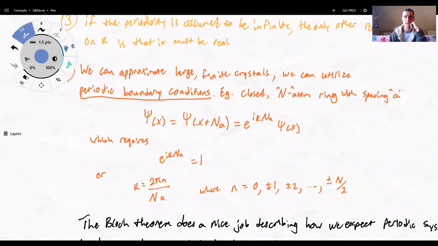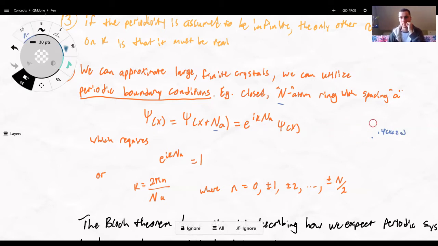So we have our wave function at x is going to be equal to the wave function at x plus some number n. Remember, we have an n atom ring, times a. So what this is saying is that if we have this here, this is going to be psi of x, and this is going to be psi of x plus 1a, and this one's going to be psi of x plus 2a, and so on and so forth.